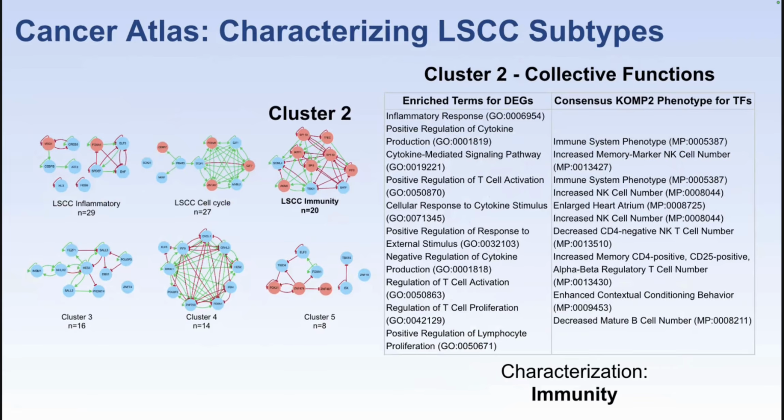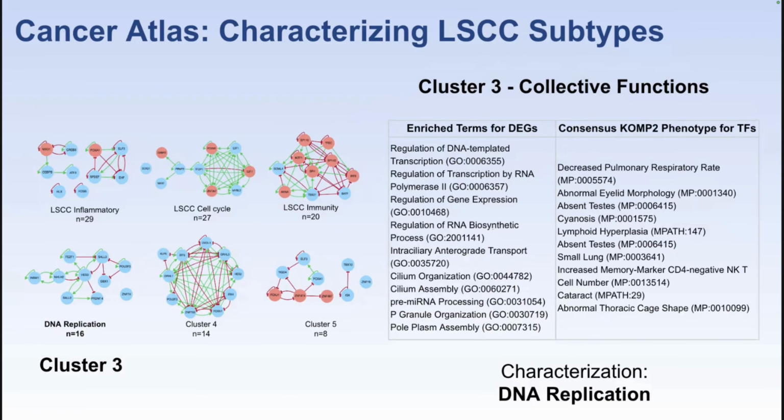And then for cluster 2, we identified several immune-related functions and phenotypes, suggesting this cluster is also an immune hot subtype. And then for cluster 3, we identified several terms relating to DNA replication, suggesting the subtype can be characterized as cold and highly proliferative.